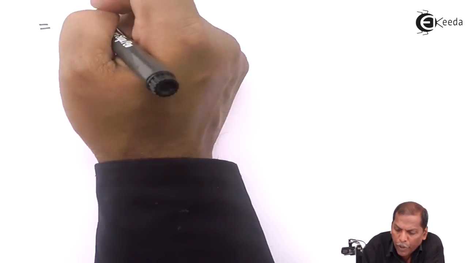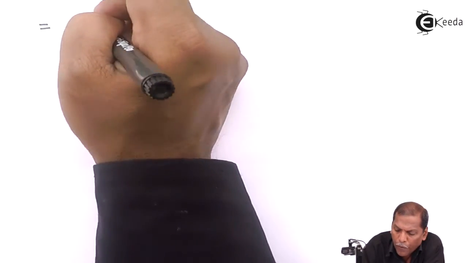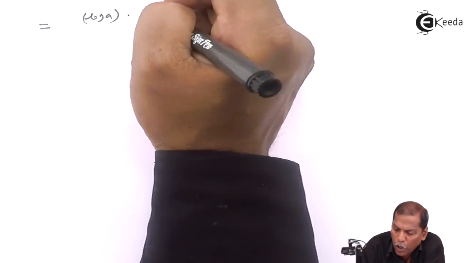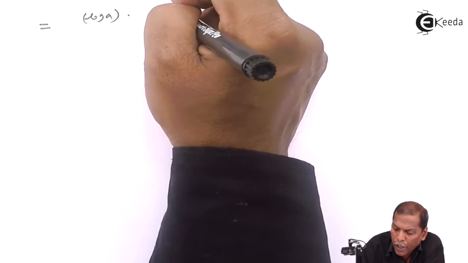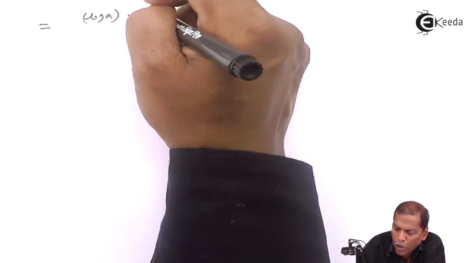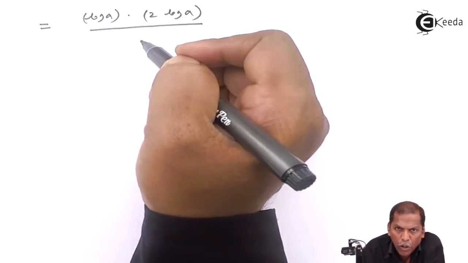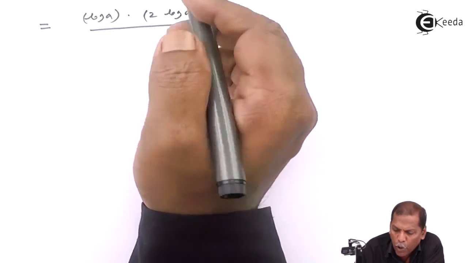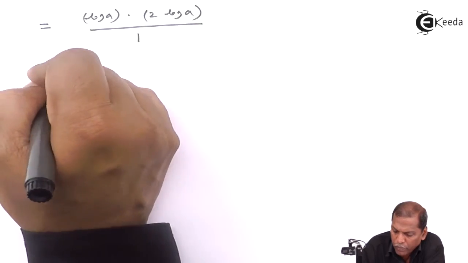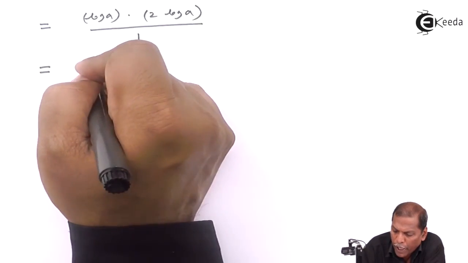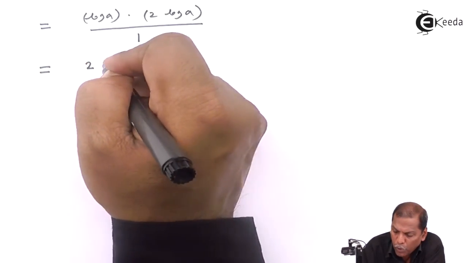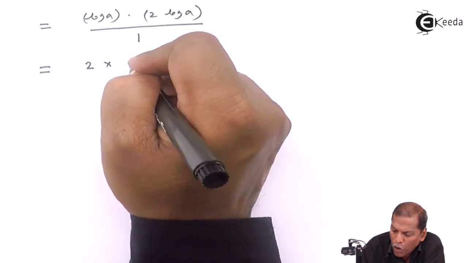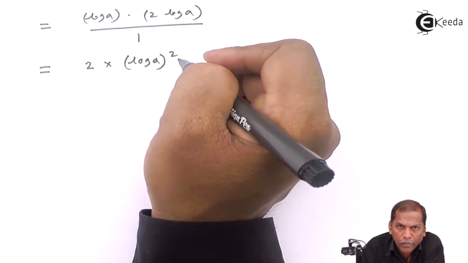So the next step will be log of a into, now log of a square by using the exponent law can be written as 2 times log a, upon, in the denominator we have limit x tends to 0, sin x upon x, that gives 1. So it is equal to, we write 2 as it is, into log a into log a, so that gives 2 times (log a) the whole square.